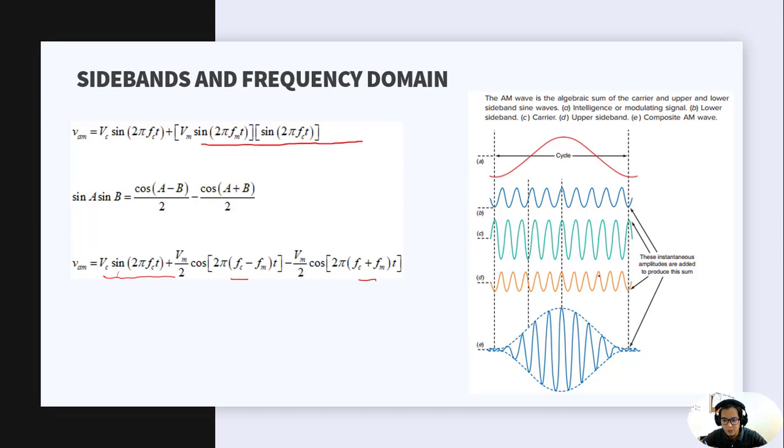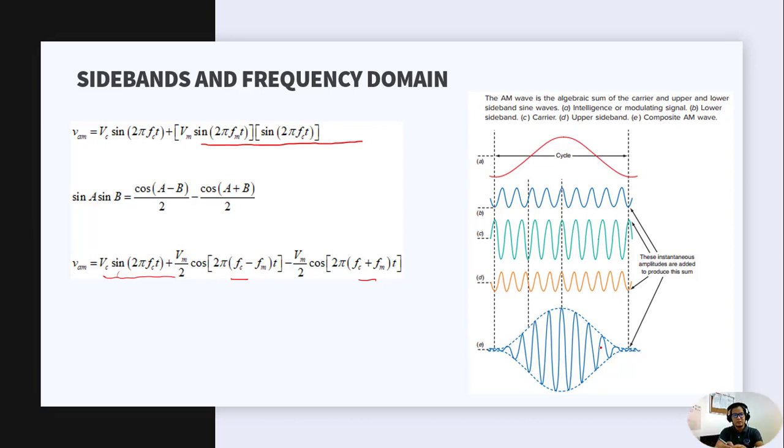Okay, if we're going to combine this, if we're going to add this, it will produce the sum of ito. Yung solid po na kulay blue. Hindi yung broken line because that's the envelope. Itong solid line na kulay blue sa letter E, that is our composite AM wave.